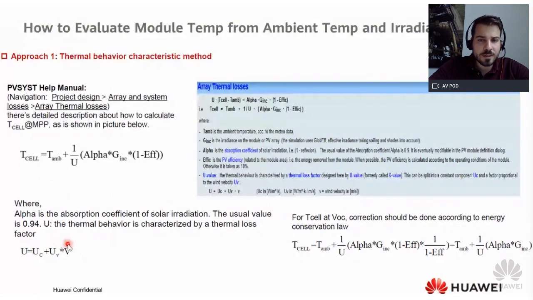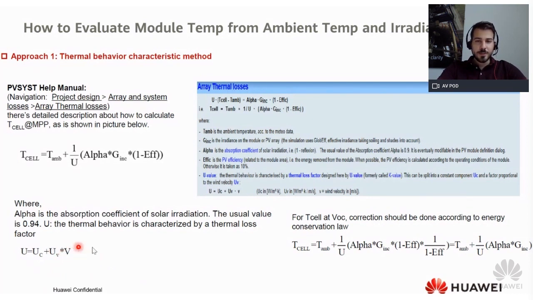and it is used for different wind velocities. The number that most users have said is correct for this calculation during conditions when there is no sea around and no heavy winds is that this UC number is 29, and the UV number is 1.2 watt per square centimeters.